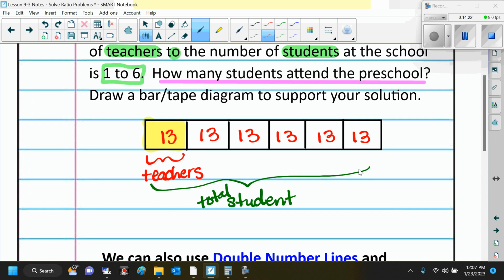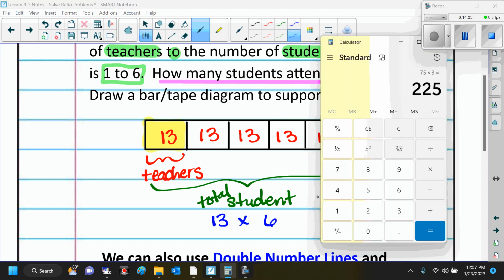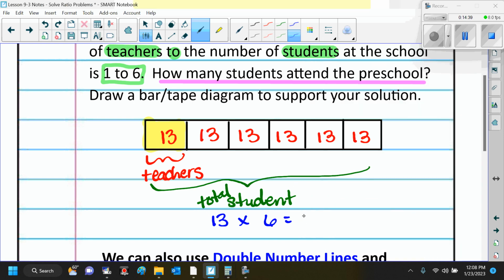So to find the total number of students, we need to take that 13 and multiply times 6. So 13 times 6 equals 78. So there are 78 students at the preschool.